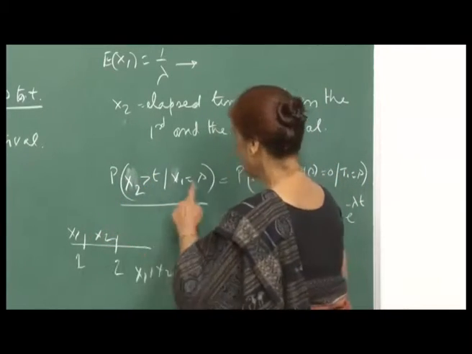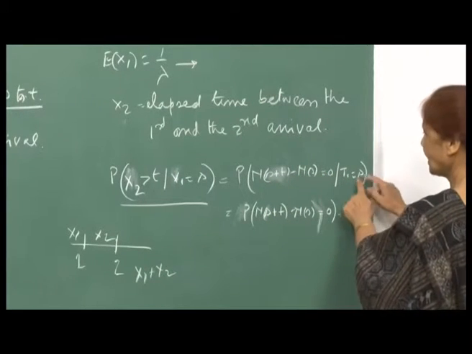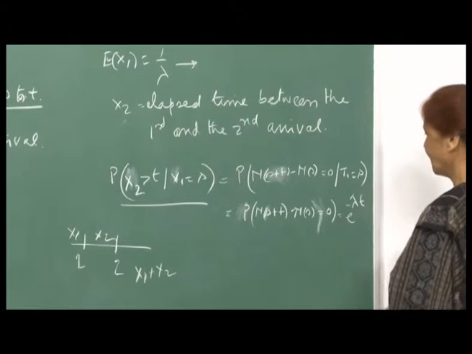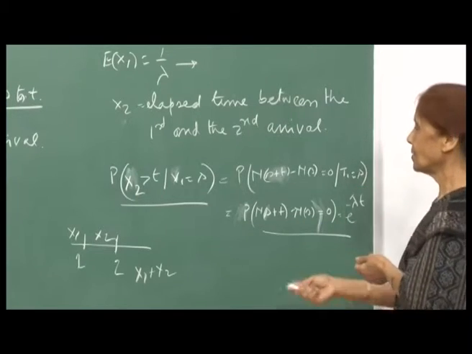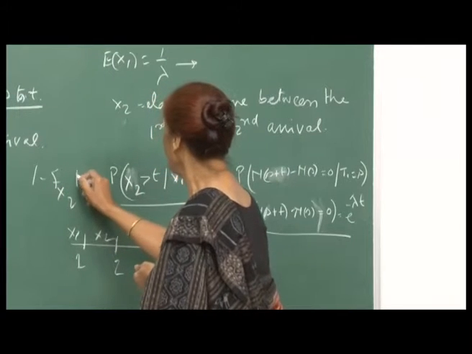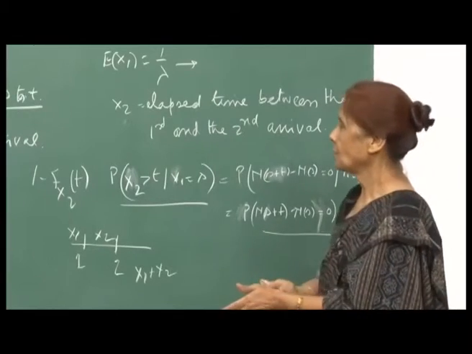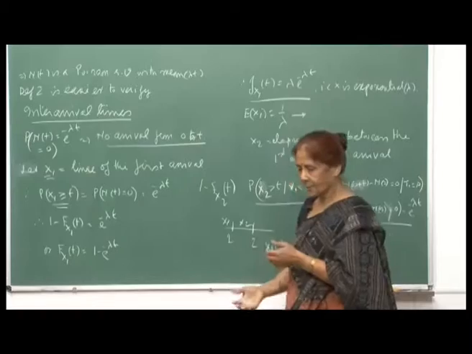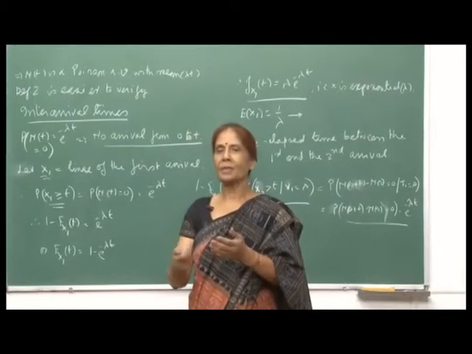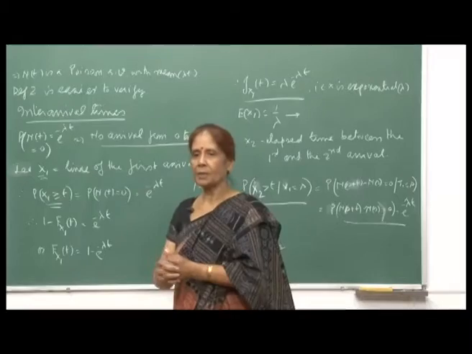So, N(s+t) minus N(s) is 0, given T1 is s, and therefore this probability is e raised to minus lambda t. So, this will again be 1 minus F_X2(t), and therefore you can again see that it will be exponential. So, the inter-arrival times are all exponential, and you can relate it with the memoryless property of the exponential distribution, which comes from your independent increments. So, the two things are related.